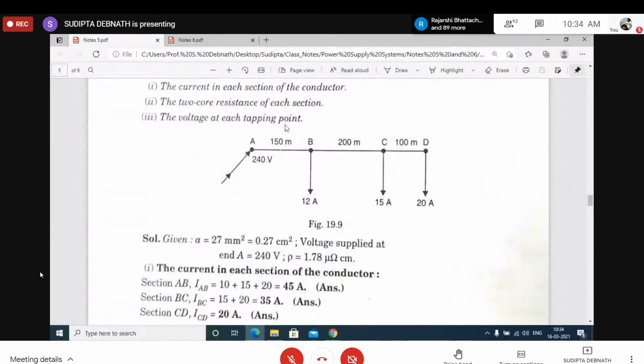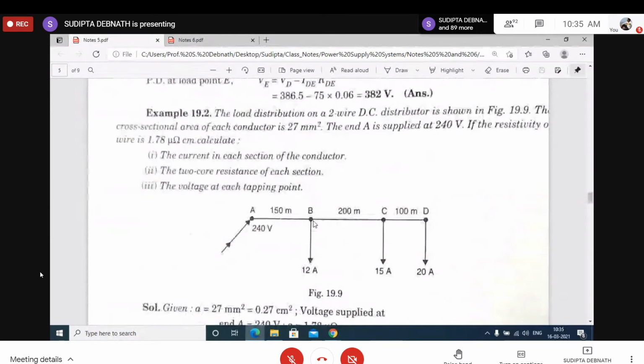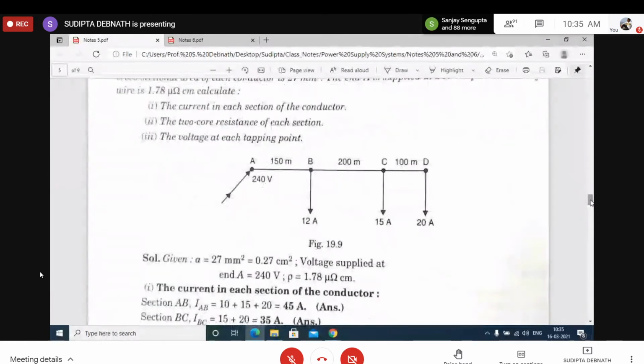What will be the voltage here? VB will be equal to VA. What is VA? VA is given as 240. So what will be the voltages at B, C and D? You can easily find out. Voltage at B will be 240 minus this resistance into 45, because current here is 45, not 45. What is the ampere? Why is it written 45? I don't know. Oh, again there is some mistake here. I think it will be 10.